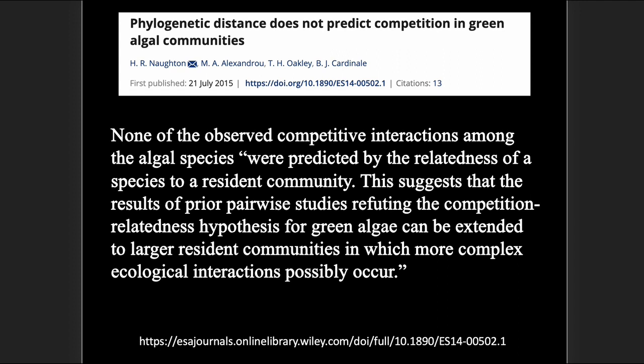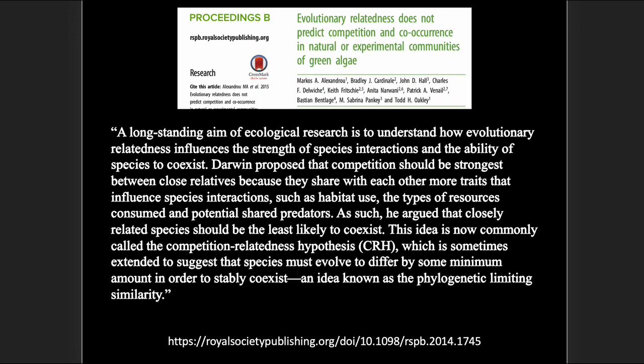This suggests that the results of prior pairwise studies refuting the competition relatedness hypothesis for green algae can be extended to larger resident communities in which more complex ecological interactions possibly occur." So again, they're just adding more problems here, more confirmations of the falsification of this prediction. And here's another paper.